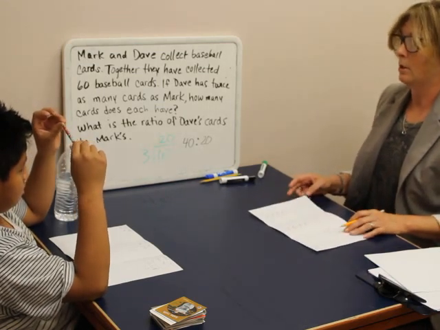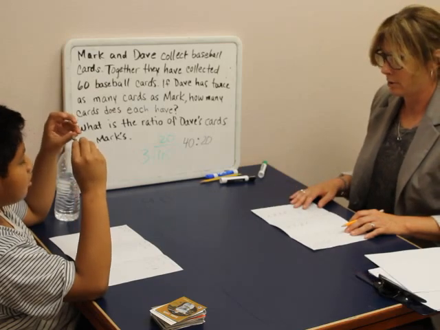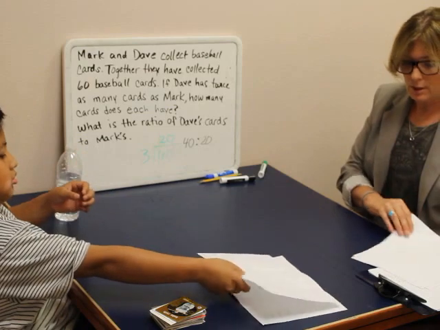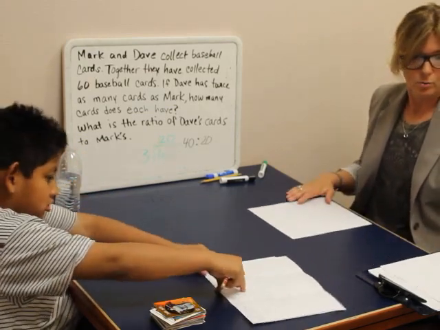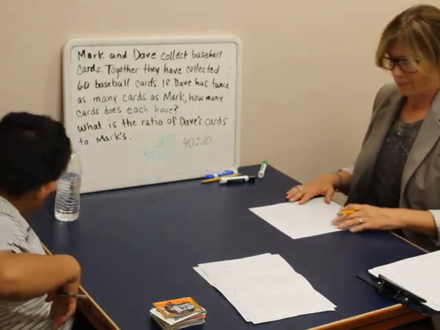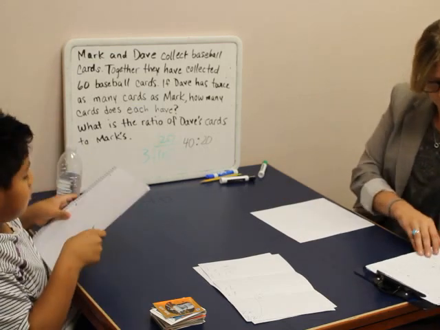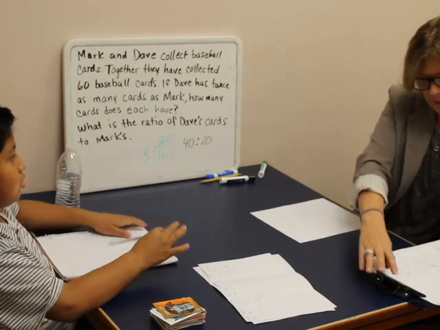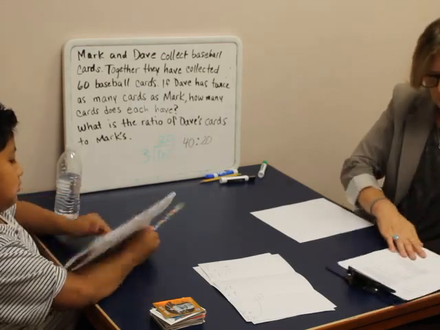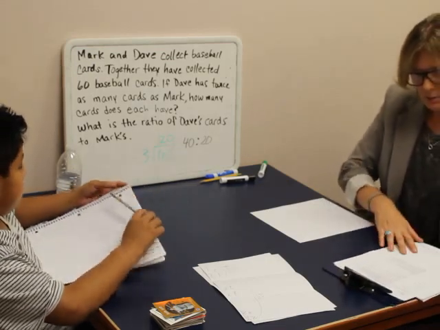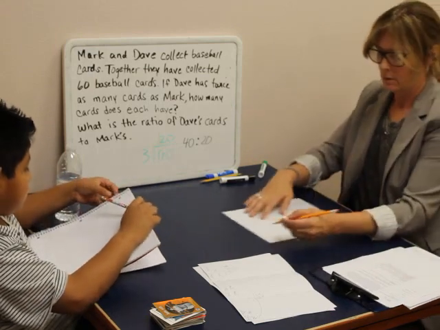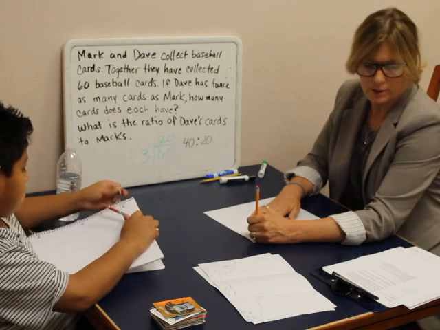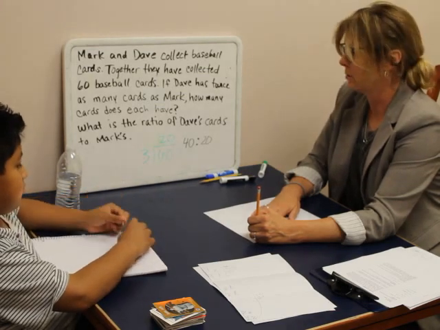All right, let's think of some other ways we can solve this problem. Let's really get into our algebraic equation, because I know you're really great at algebra. So we'll set that aside, and you can get out your math notebook. Okay, so what's a way we can write this out as an algebraic equation?